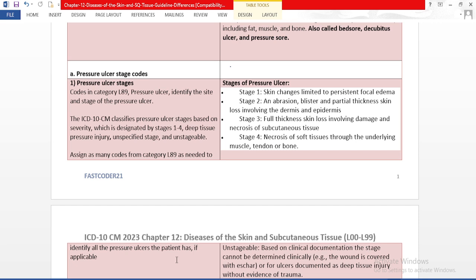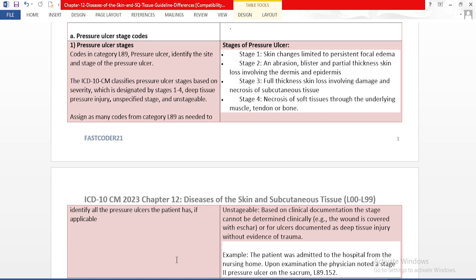Codes in category L89, pressure ulcer, identify the site and stage of the pressure ulcer. ICD-10-CM classifies pressure ulcer stages based on severity, which is designated by stages 1 to 4, deep tissue pressure injury, unspecified stage, and unstageable.